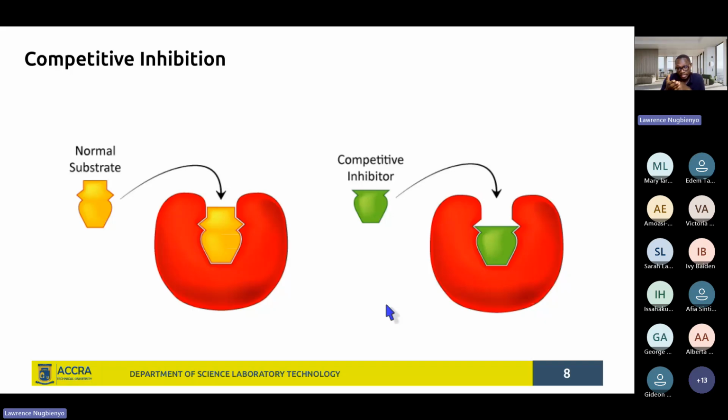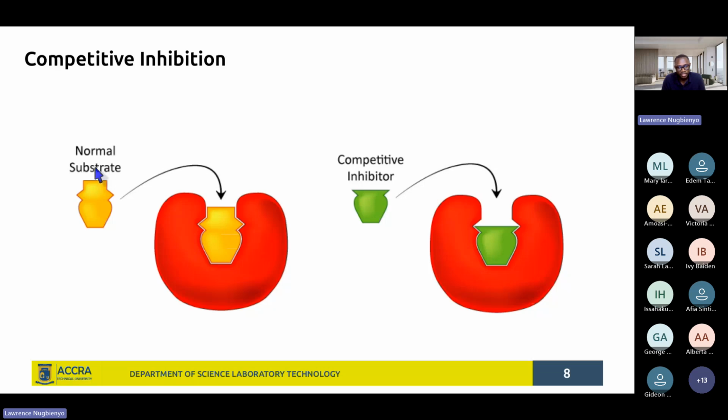And as the term suggests, there will be some form of competition. So the red structure you see is depicting an enzyme with an active center in it. And in that active center, there is a substrate that is bound. That is the normal substrate.